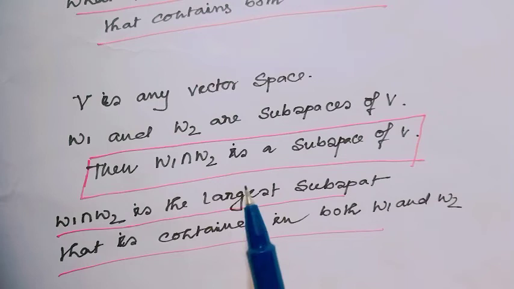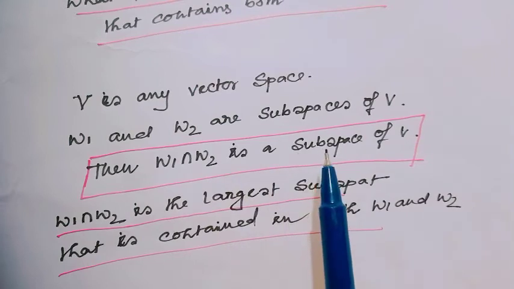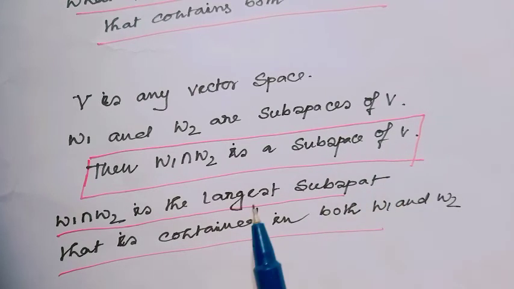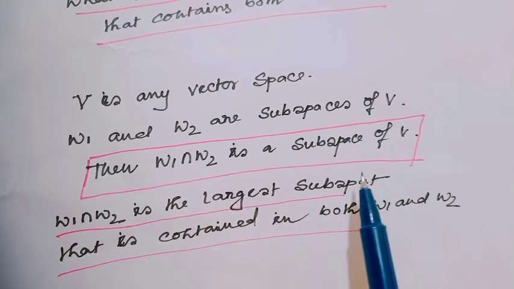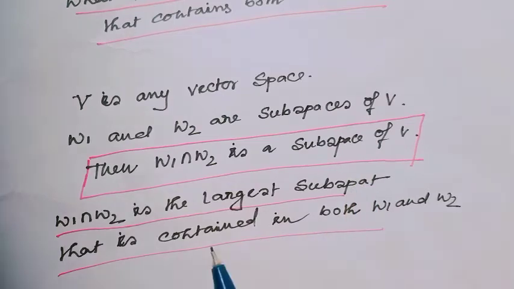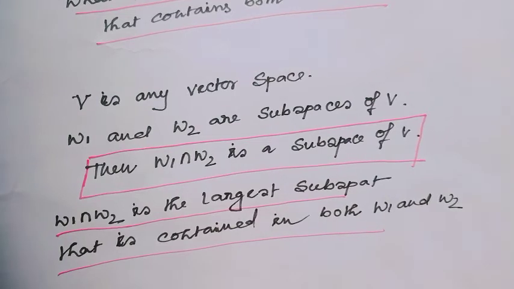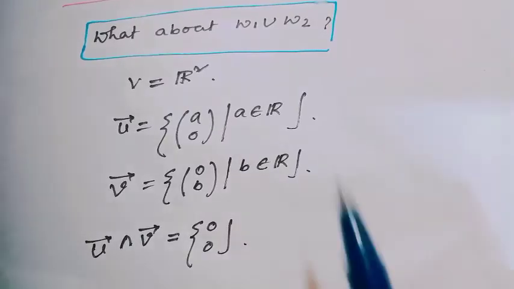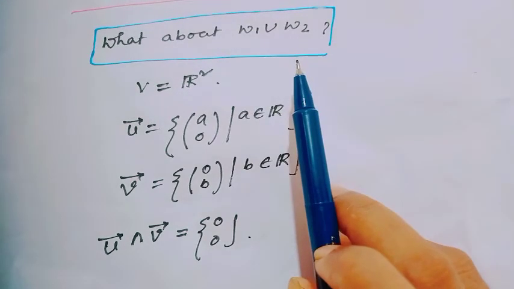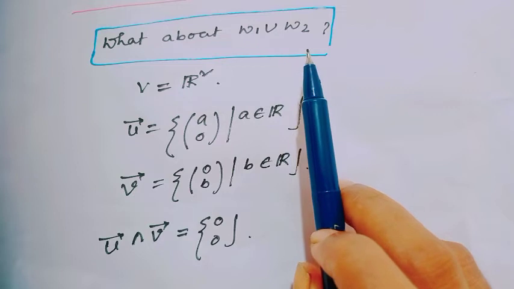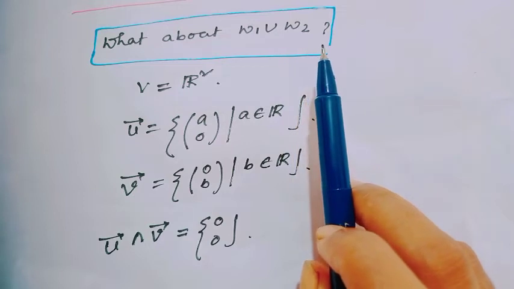So, if V is any vector space and W1, W2 are subspaces of V, then their intersection is a subspace of the vector space, and it is the largest subspace that is contained in both W1 and W2. Next goal: what is the union of two subspaces? Is the union of two subspaces a subspace?